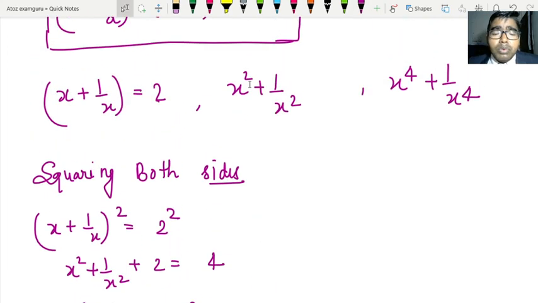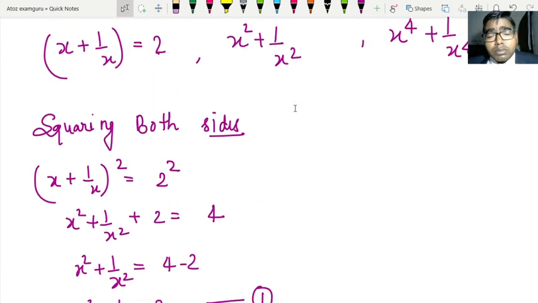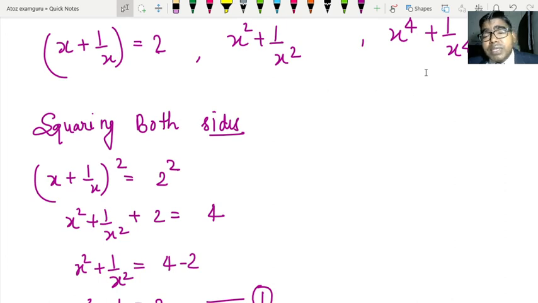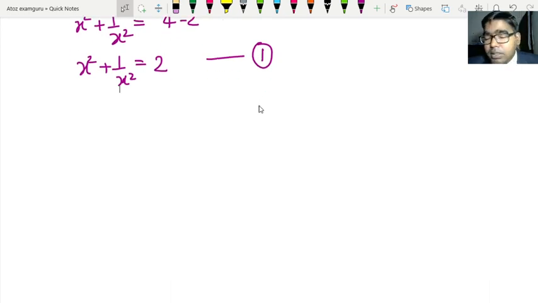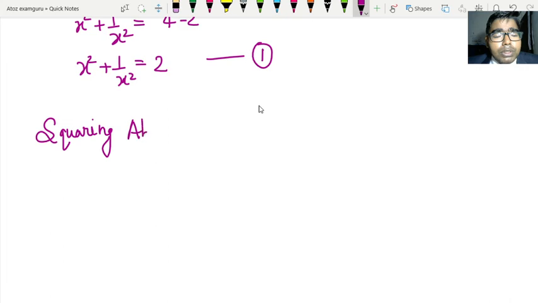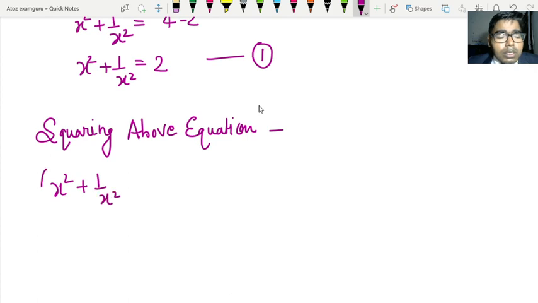The value of x² + 1/x². But now you want the value of x⁴ + 1/x⁴. So if you square equation number 1 again, squaring the above equation, what you will get? (x² + 1/x²)² = 2².